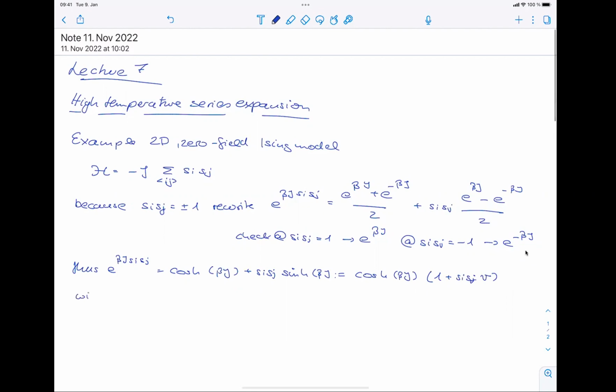So for now, I just defined it and haven't motivated it. What I do is I pull out the cosh, sine divided by cosh gives me tanh. So this is the hyperbolic tangent of beta J. And I call this our high temperature expansion variable.